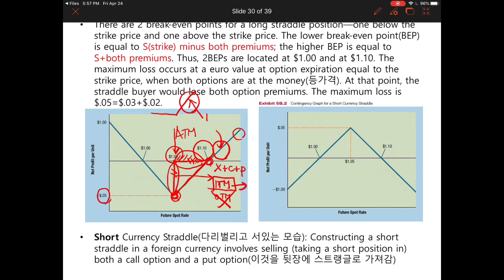We can see another break-even point on the left-hand side, right? For this left-hand side, the call option becomes out of the money. And here the put option now becomes in the money. What's the payoff of the put option? The shape of the put option should be this one. What's the slope of this line? It's minus 1.